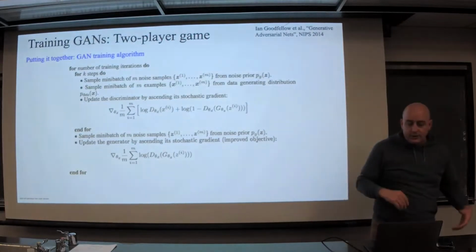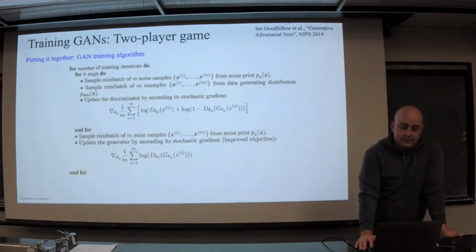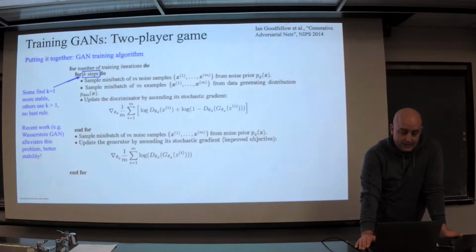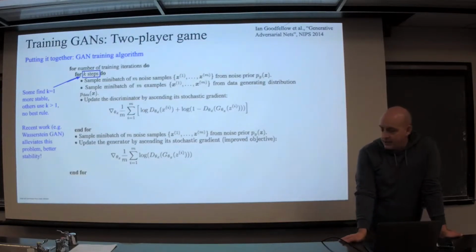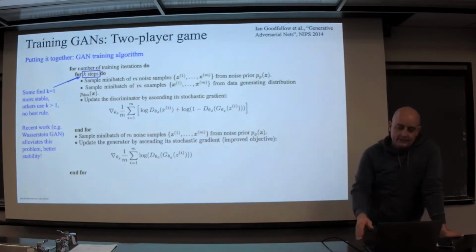We just go back and forth doing that, hoping that we converge to something that works well. How many steps you take for updating the discriminator and the generator are hyperparameters to be worked out. This is the plain vanilla GAN, so to speak.